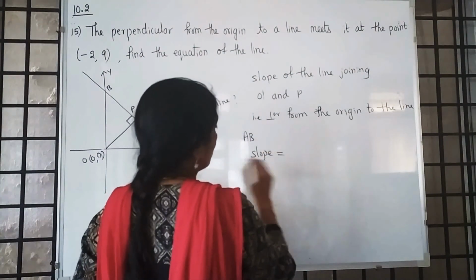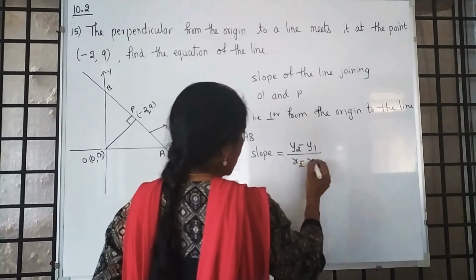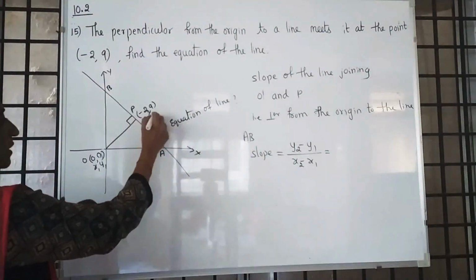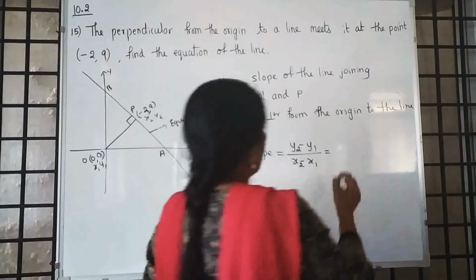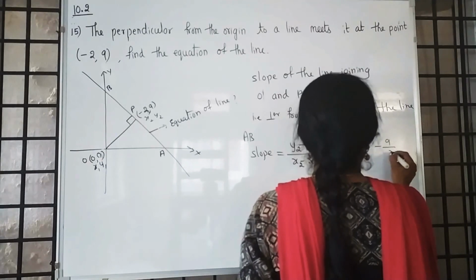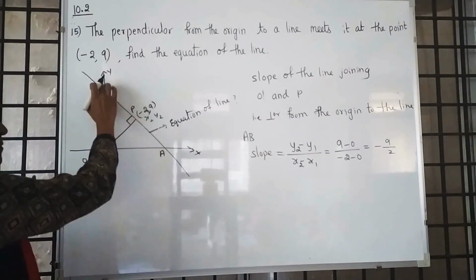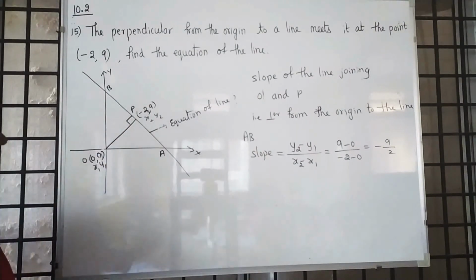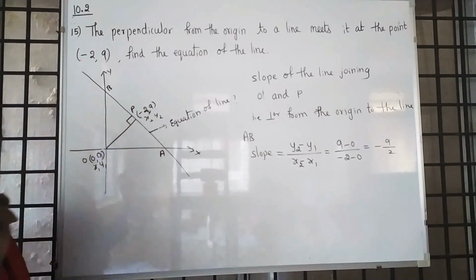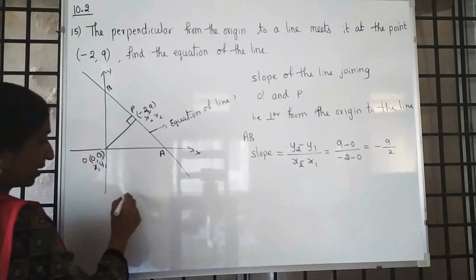Slope is, have you remembered the formula? y2 minus y1 upon x2 minus x1. This is x1 y1, this is x2 y2. 9 minus 0 upon -2 minus 0, that is -9 by 2. What is the connection here? OP is perpendicular to AB. Then can you write the slope of AB? Yes, because when you multiply, the answer should be -1. Product of the slopes is -1 if the lines are perpendicular.